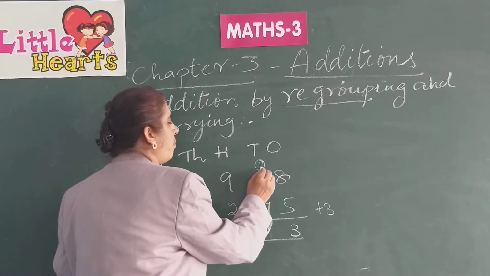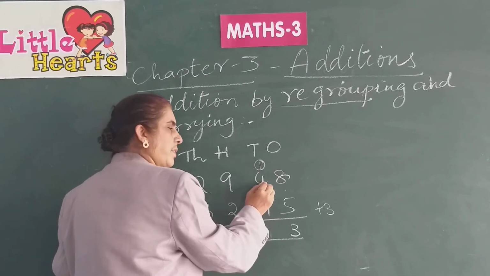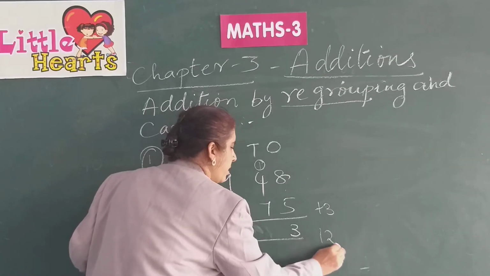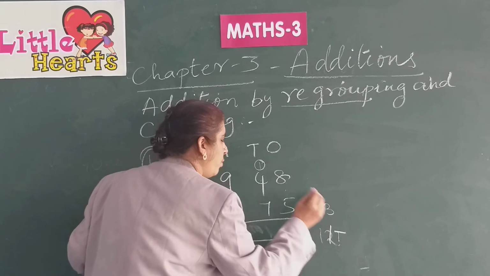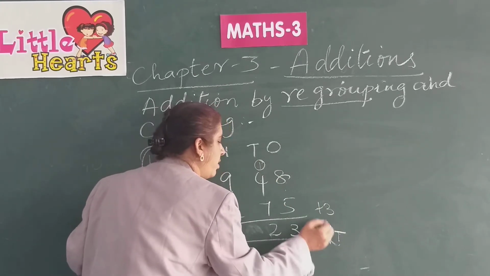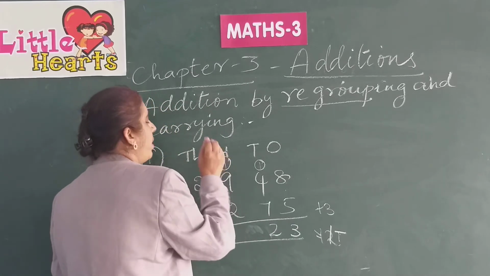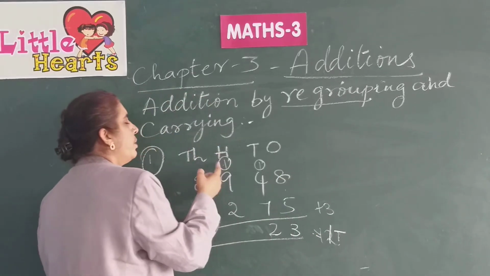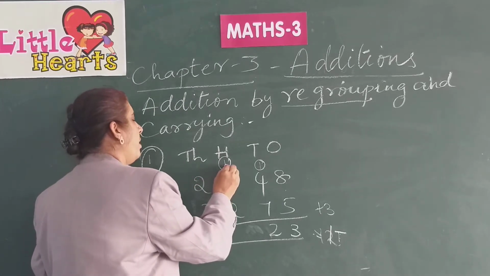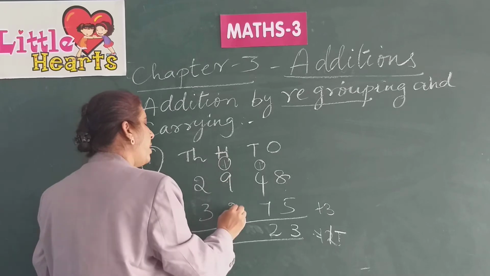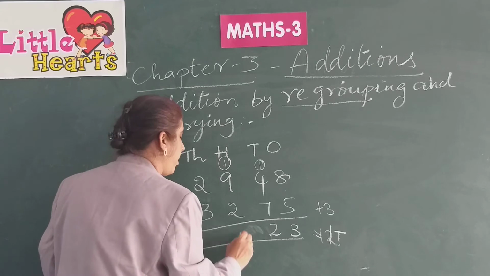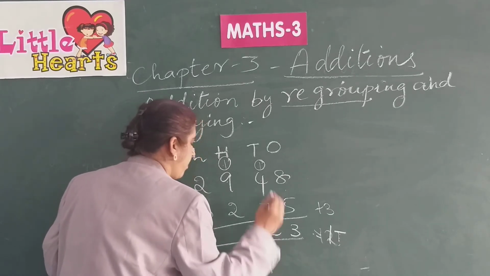And 7 plus 4, 11. 11 plus 1, 12. It has 12 tens. 2 should be written in the tens column. 10 tens make 100, so this 1 should be carried to the hundreds place. 9 plus 2, 11. 11 plus 1, 12. 12 hundreds.